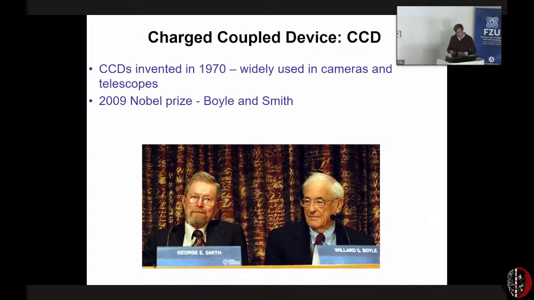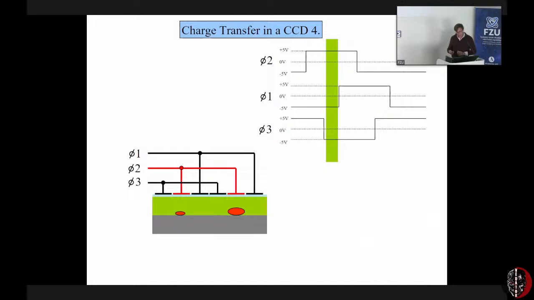Most people know that, but that's the way charge-coupled devices work. You shift charge by manipulating the electrode voltages, as shown here. You can move the collected charge in silicon sideways and then read it out.